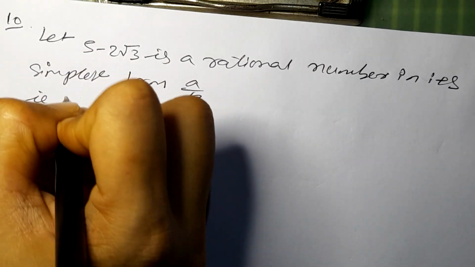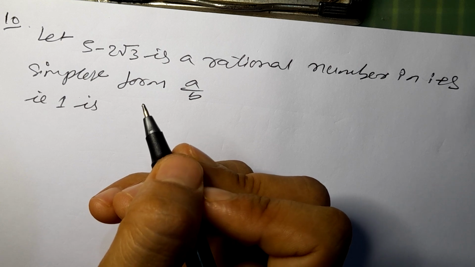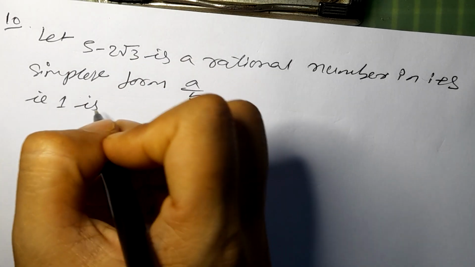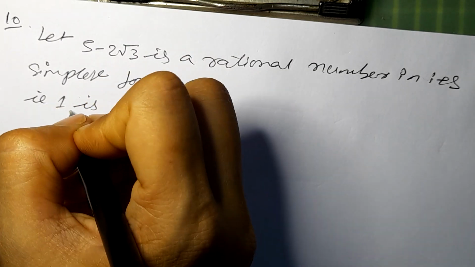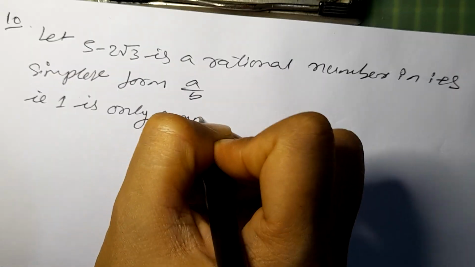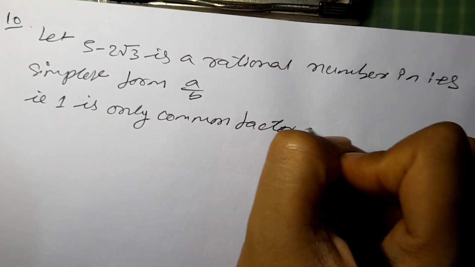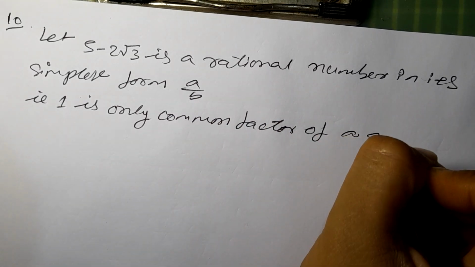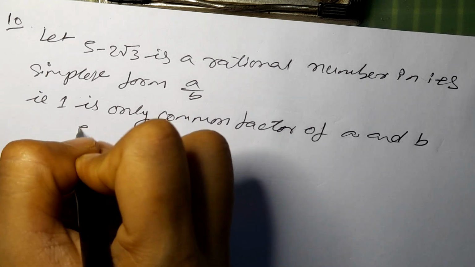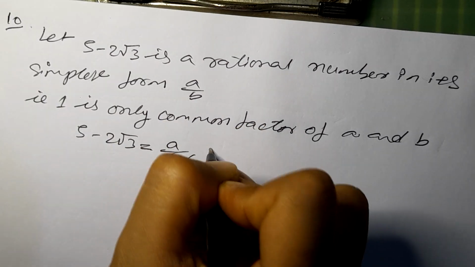You can write p and q or a and b are co-prime, that is also correct, or 1 is the only common factor of a and b, that is also correct. So 5 minus 2 root 3 is equal to a by b, b does not equal 0.